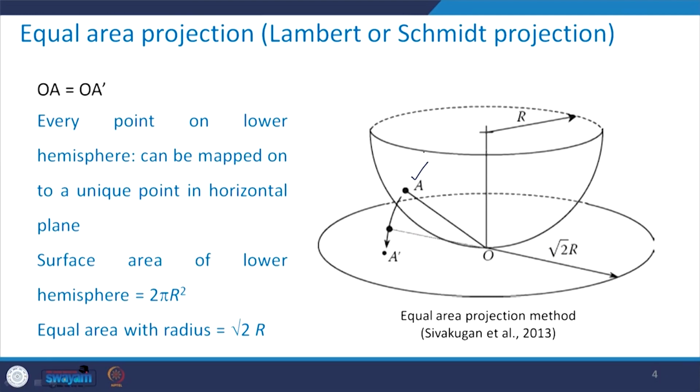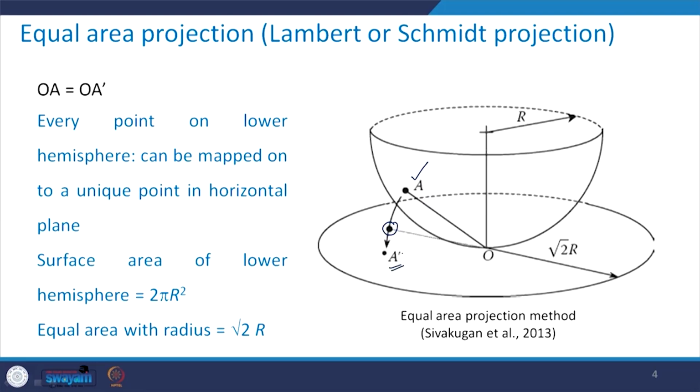So, let us have a look at the concept of equal area projection, which is also known as Lambert or Schmidt projection. As its name suggests, we have to equate two areas. Now, what are those? Take a look here: any point on the hemisphere, let us say it is represented by a point A, can be mapped uniquely on a horizontal plane, let us say to a point A prime here.